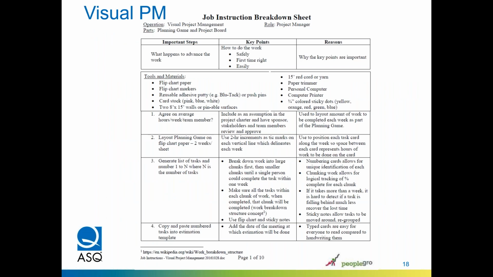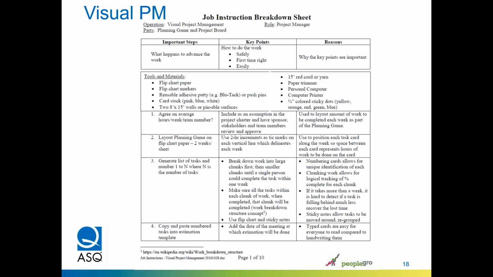All of this is kind of integrated into work instructions or the job instruction breakdown sheets that I put together for visual project management. And this is an approach that is part of a larger effort called Training Within Industry, TWI, that comes out of the way people were trained back in World War II.